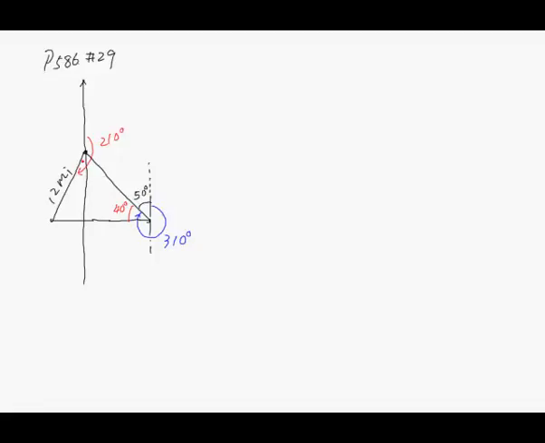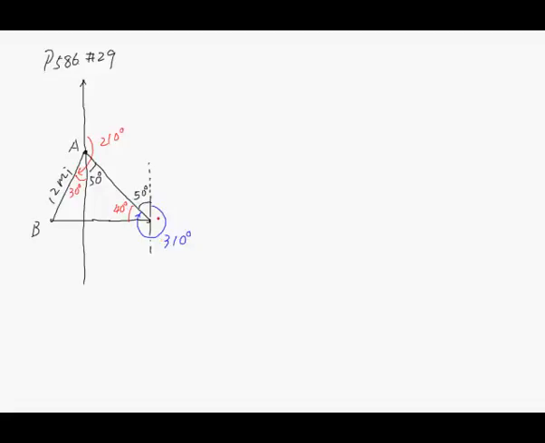And also this angle, because this is 180, must be equal to 30 degrees. So now we just have this triangle. Since this is 50 degrees, and this line is parallel to this line, this angle must be the same as this angle. So this is also 50 degrees.